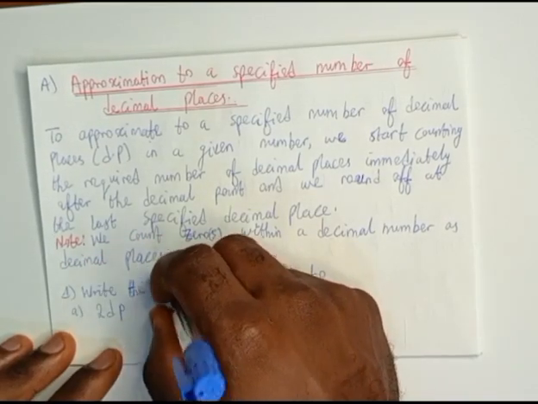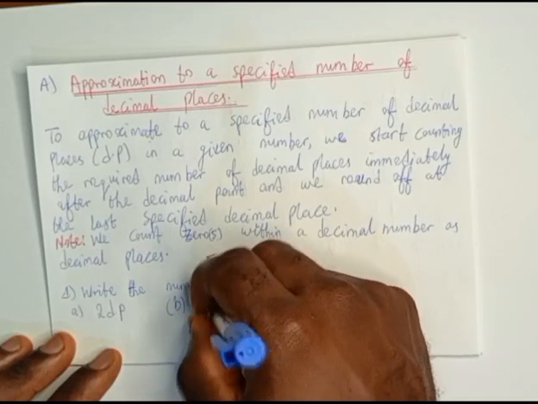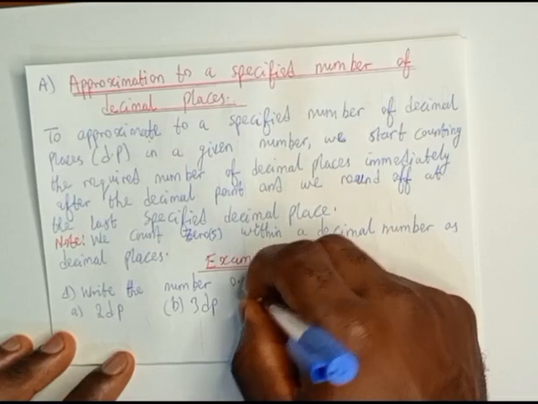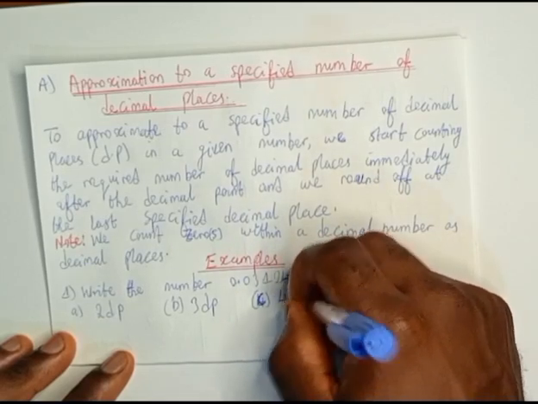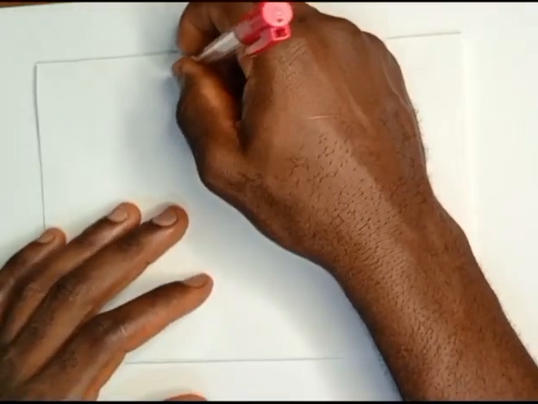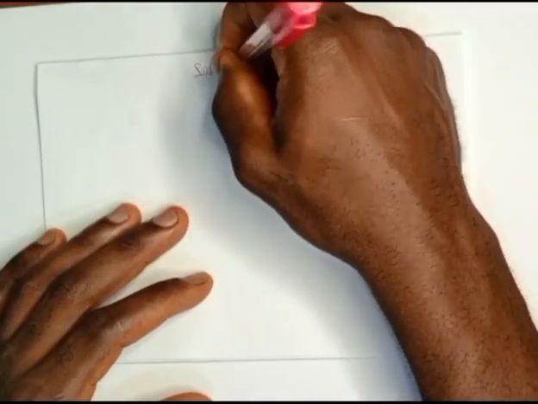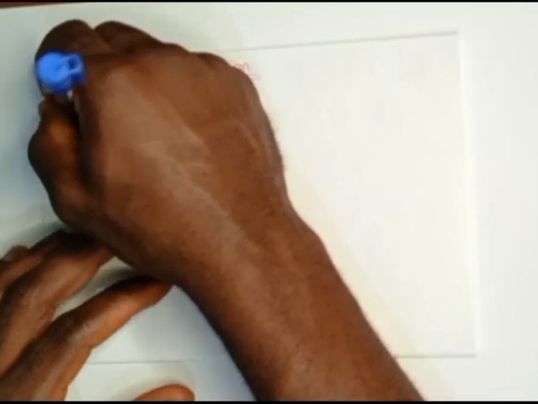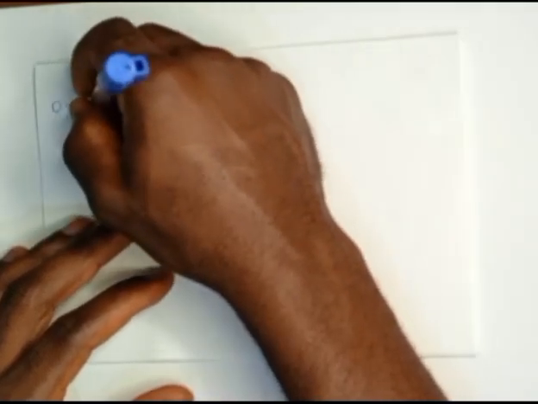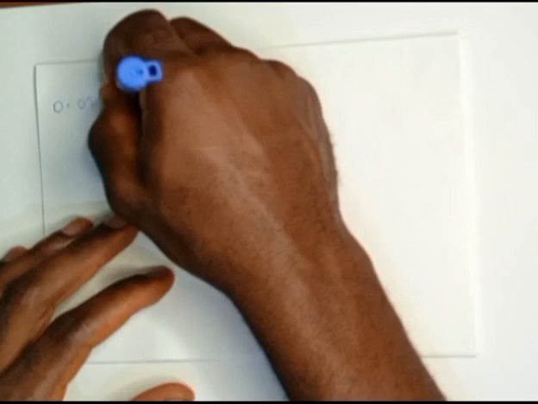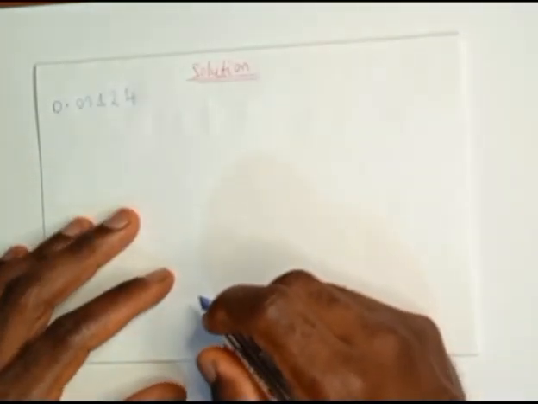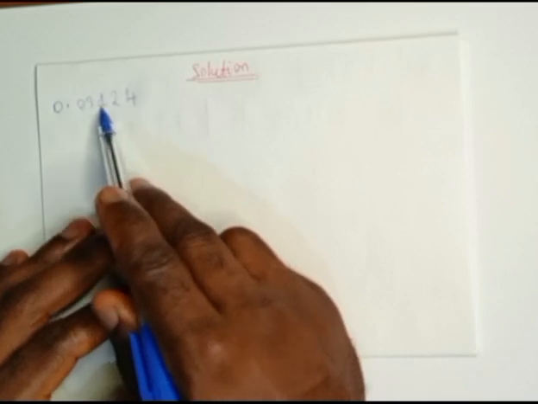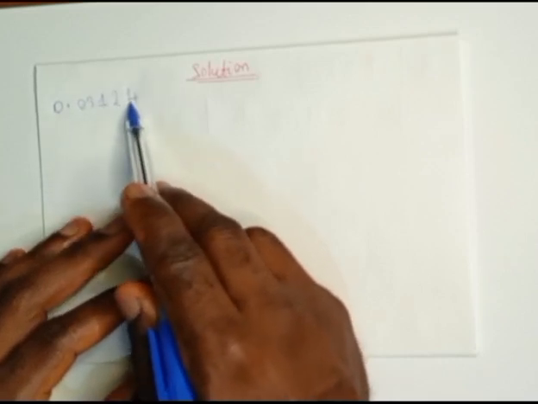That means 2 decimal places, b) 3dp. That is 3 decimal places, c) 4dp. We take the solution. We have the number 0.03124. Counting the number of decimal places in this number, we have 1, 2, 3, 4, 5.